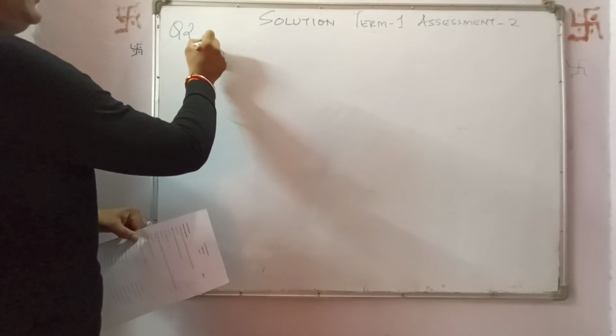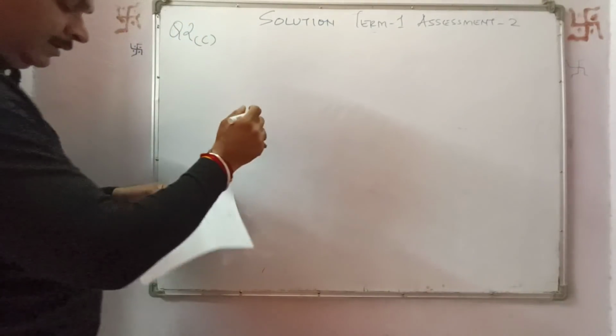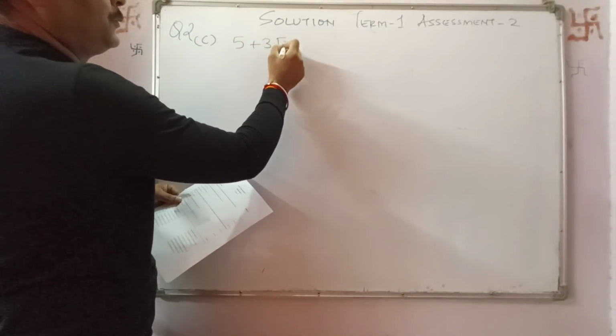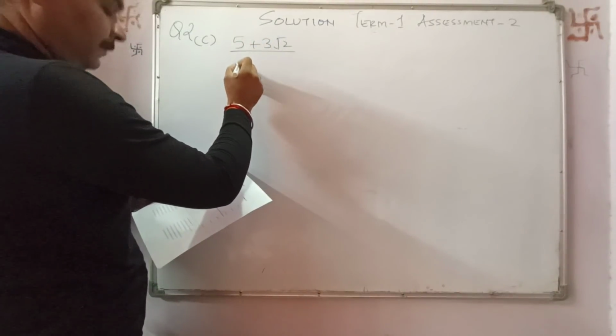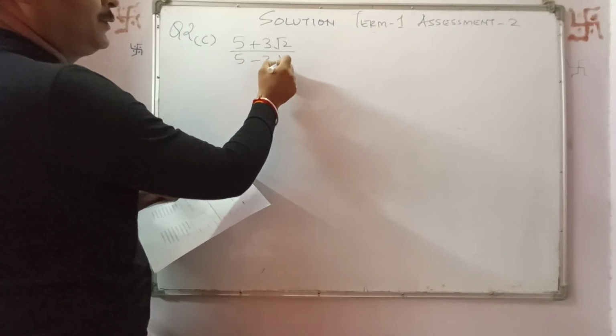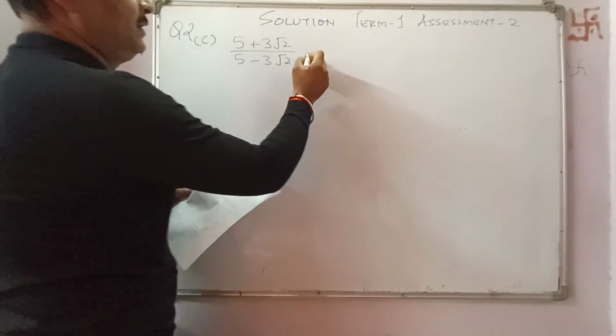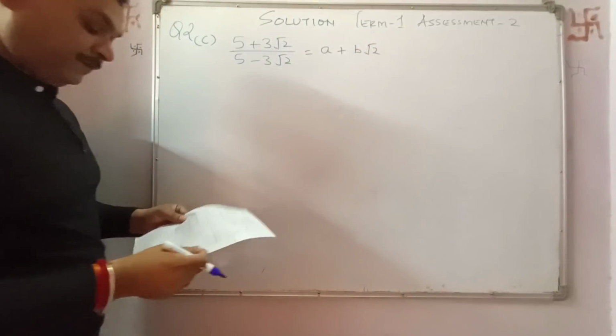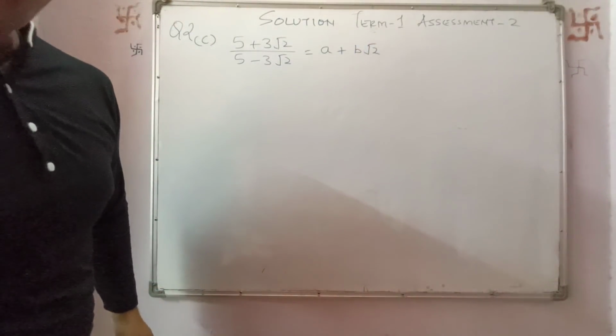Okay, question number 2, C part. Now it is given that 5 plus 3 root 2 upon 5 minus 3 root 2 is equal to a plus b root 2, and we need to find the values of a and b.